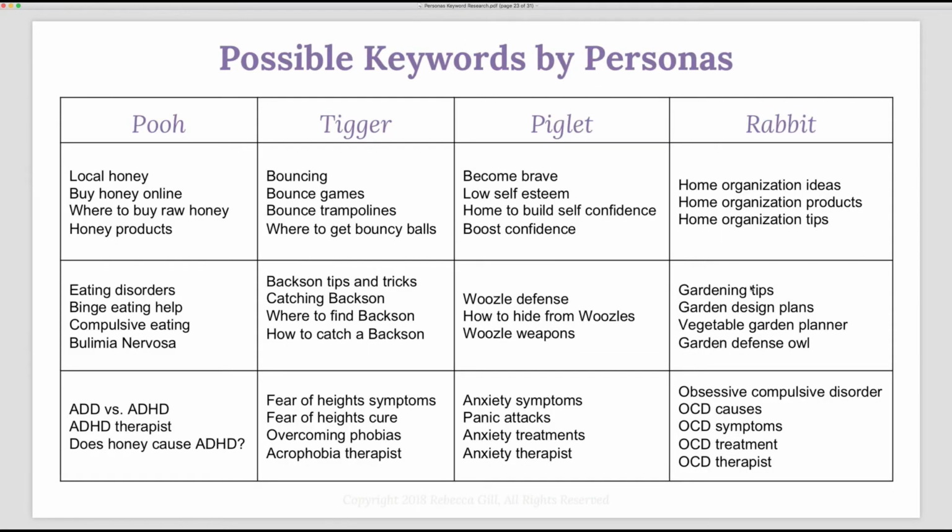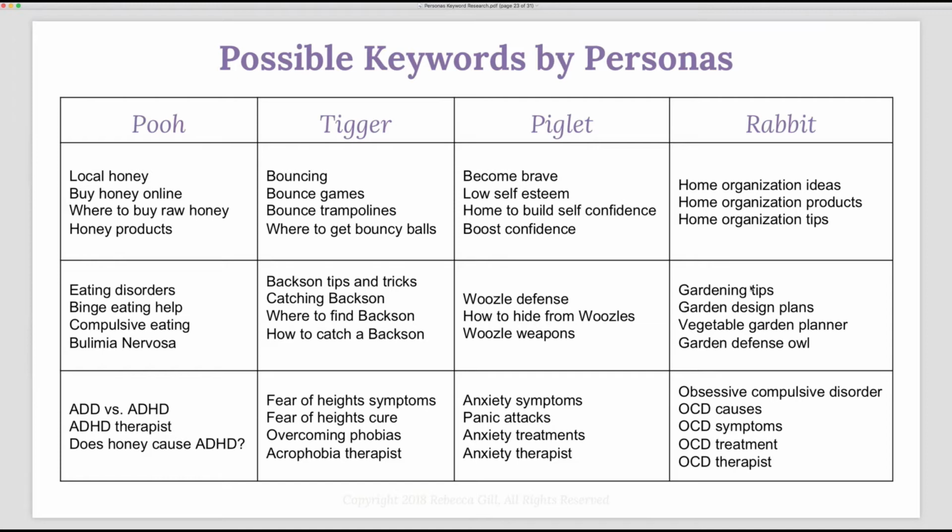All right, so what would be possible keywords by persona? Keep in mind, we're still looking at the same information that we were before, and we're still looking at the data that we were doing with those individual breakdowns of each one. So Pooh, his keywords might be local honey, buy honey online, where to buy raw honey, honey products, eating disorders, binge eating help, compulsive eating, bulimia, ADD versus ADHD, and ADHD therapist.